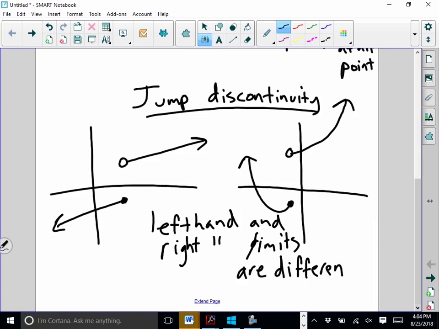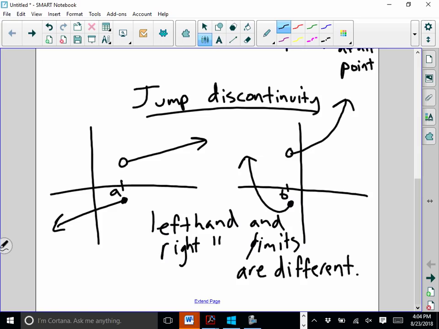So now I would ask yourself, in this particular setup, in the graph on the left, does the limit as x goes to a exist? The answer is no, because the left-hand limit and right-hand limit are different. They both would give us a numerical answer, a non-infinite answer, but those limits would be different. If the left and the right-hand limits are different, then the limit does not exist.